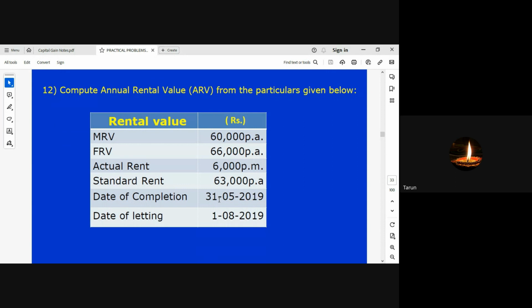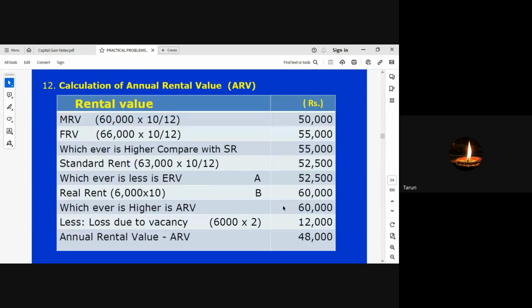So the loss due to the vacancy of the property is 2 months: 6,000, that is the actual rent, into 2, is 12,000. Once you deduct the loss due to the vacancy period from the annual rental value, you get the actual annual rental value, that is 48,000 rupees.